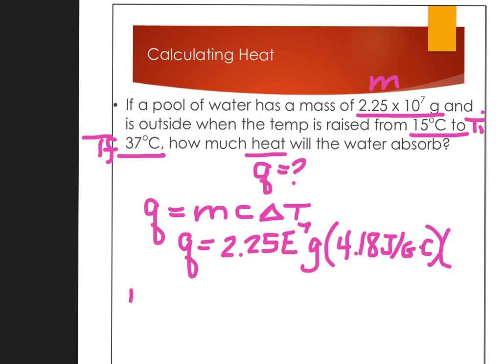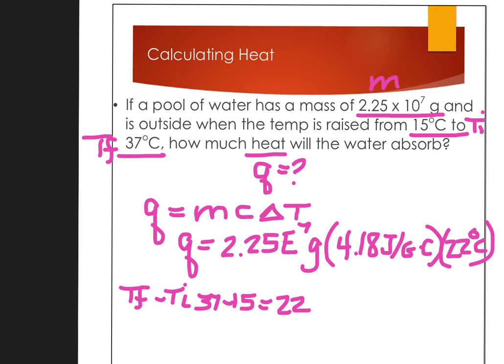So I can do that over here. T final minus T initial is 37 minus 15, which is going to give me 22. So that's 22 degrees Celsius.